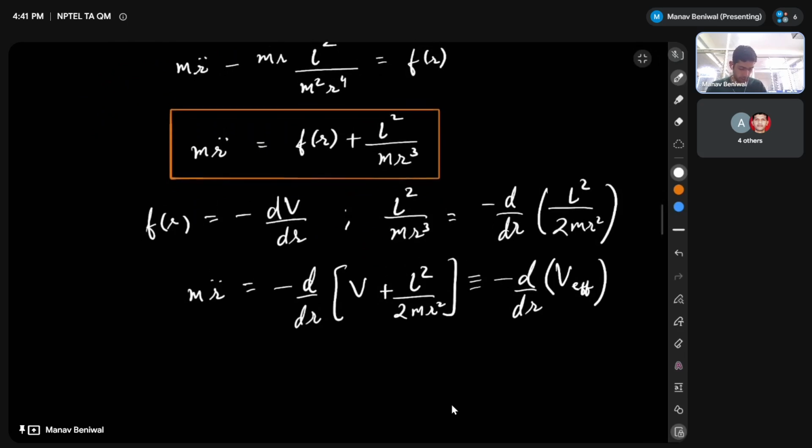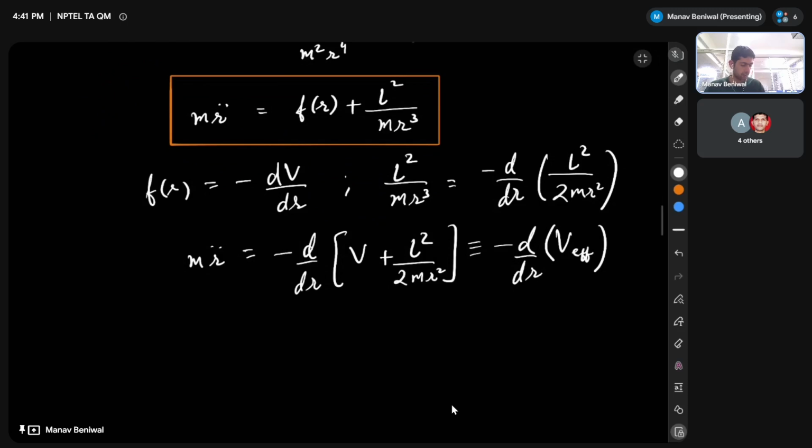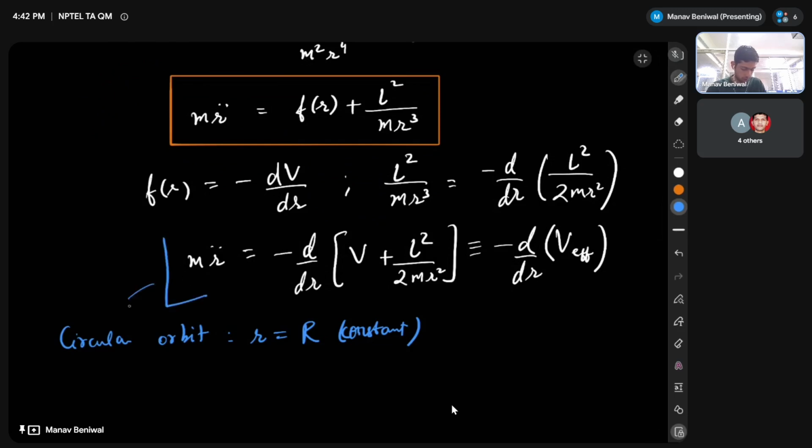Okay, so here we are. Now, when we are given a circular orbit, what will happen? My r is a constant, let's say it is some capital R. If I put my r as constant in this equation, my left hand side becomes 0.